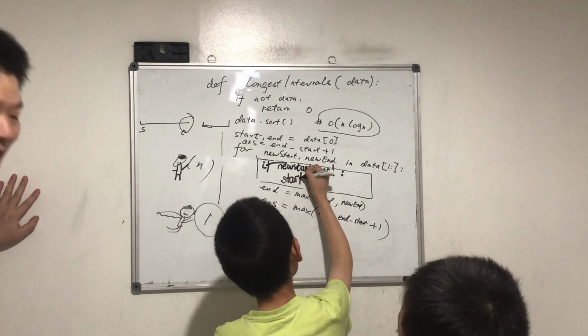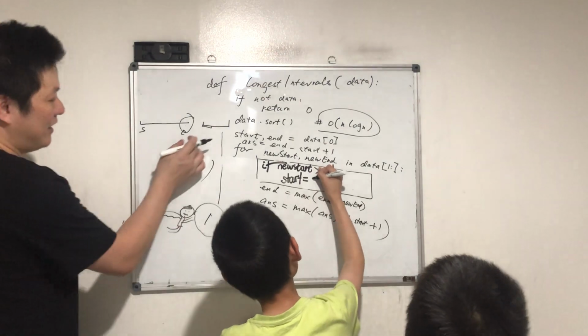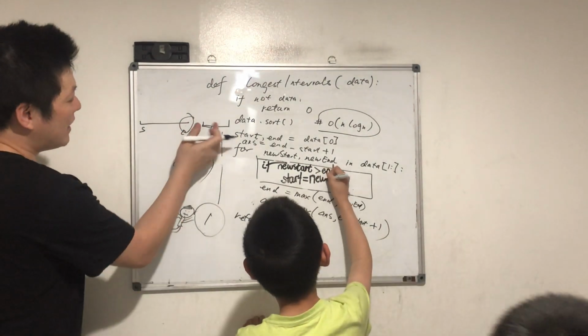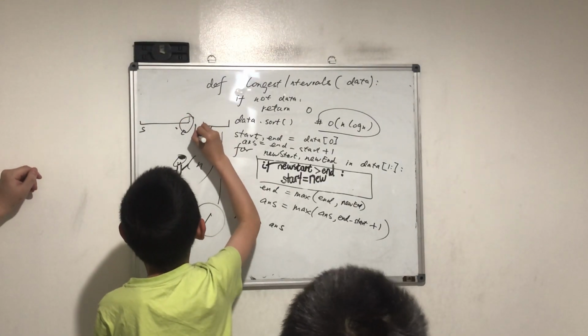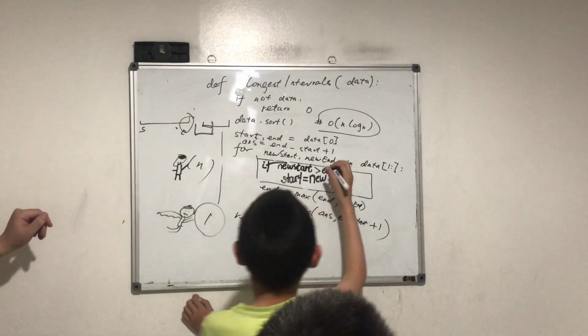So you get a new start because you only had one interval and you're getting another one; it's not connected, so we need to do a new start.